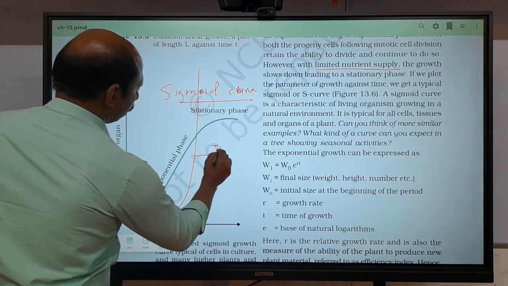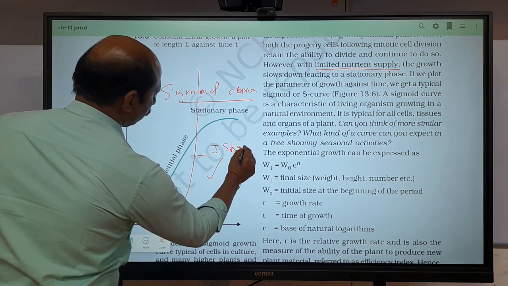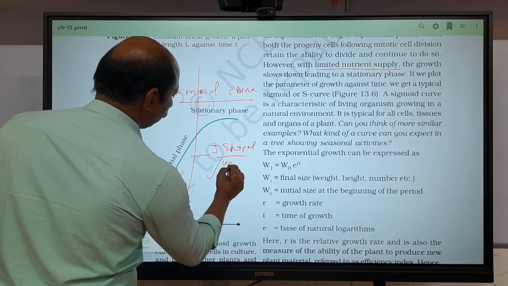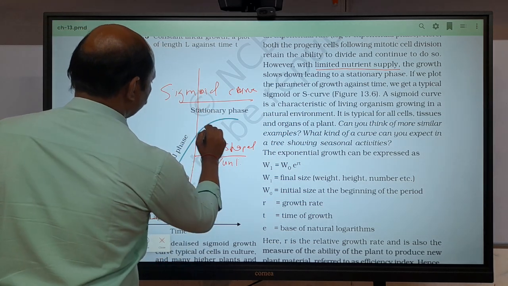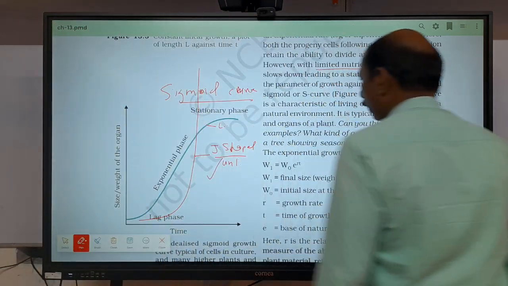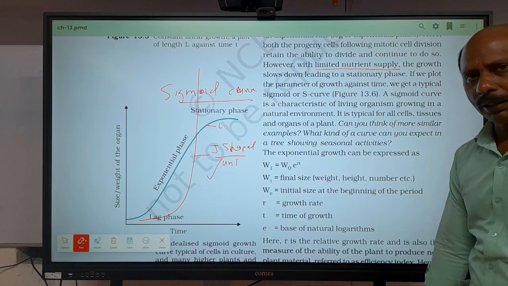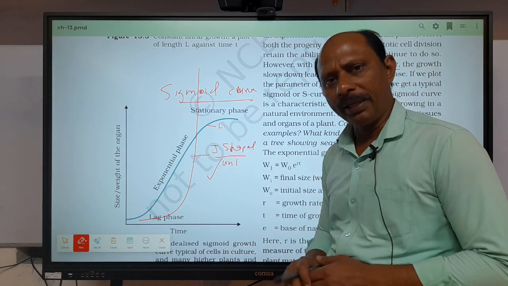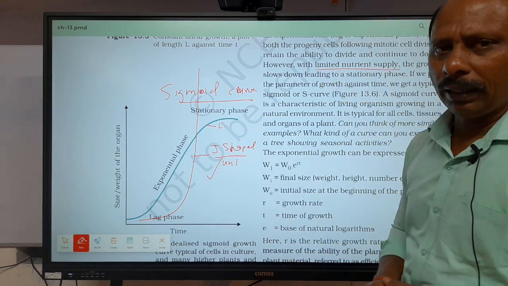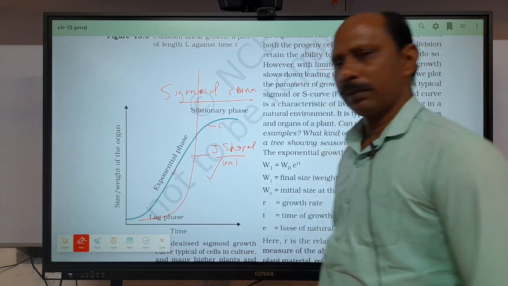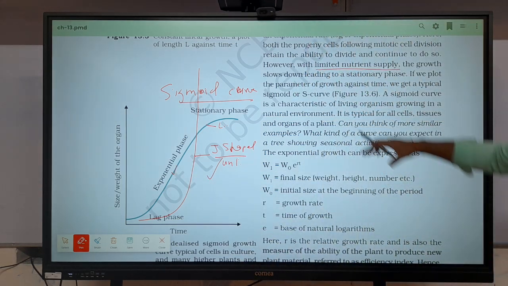This one is for unlimited and this one is for limited. Unlimited resources are not present in our habitat, because each habitat has limited resources. So this sigmoid curve is the real growth.